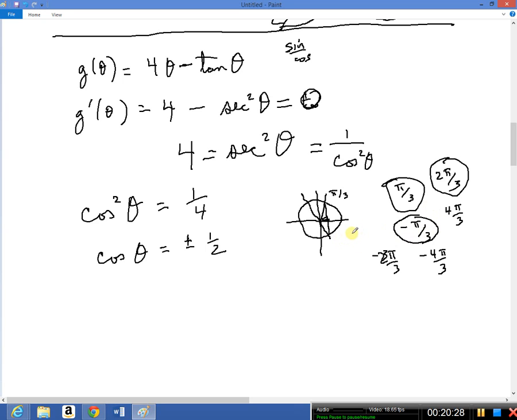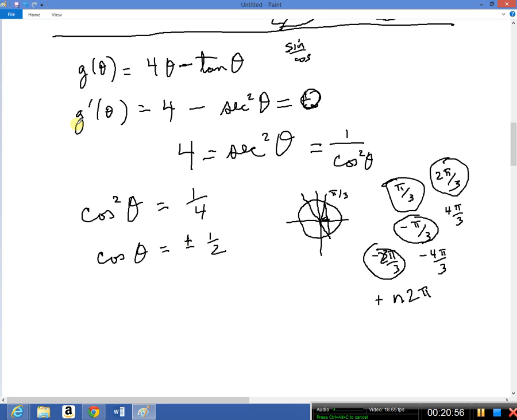Yeah, there it is. All of those numbers plus any multiple of 2 pi, n times 2 pi. So if you add n times 2 pi to any of these things, you'll get exactly the same place on the unit circle. So those are all of the places where the cosine theta is plus or minus a half, and all of those places will make the derivative equal to 0.